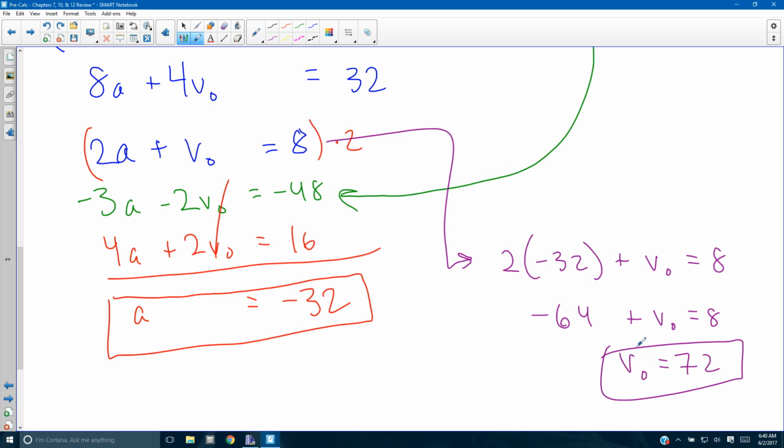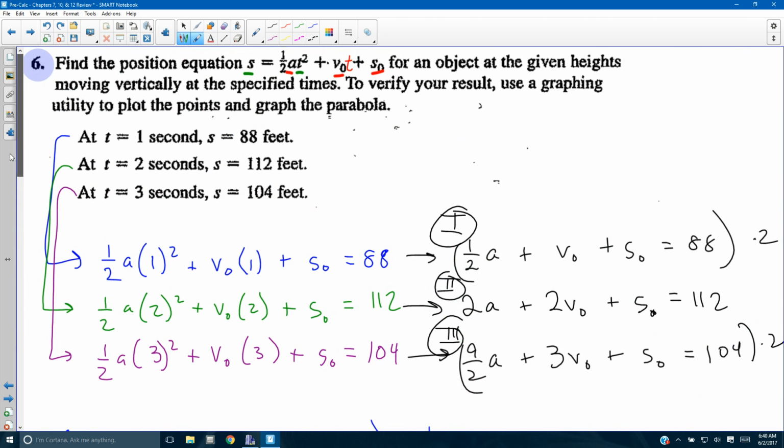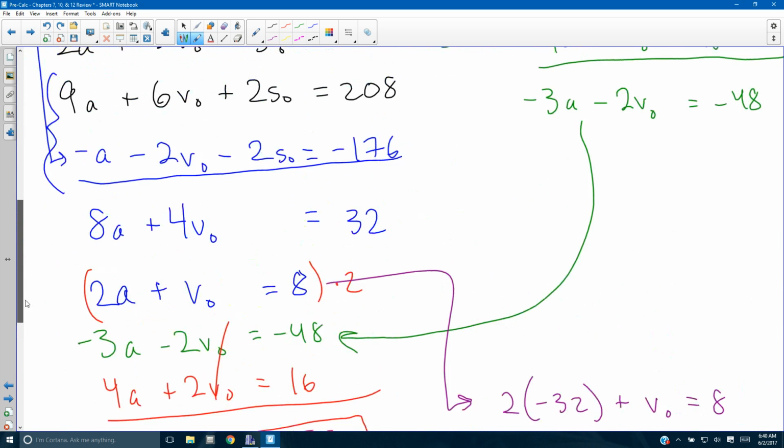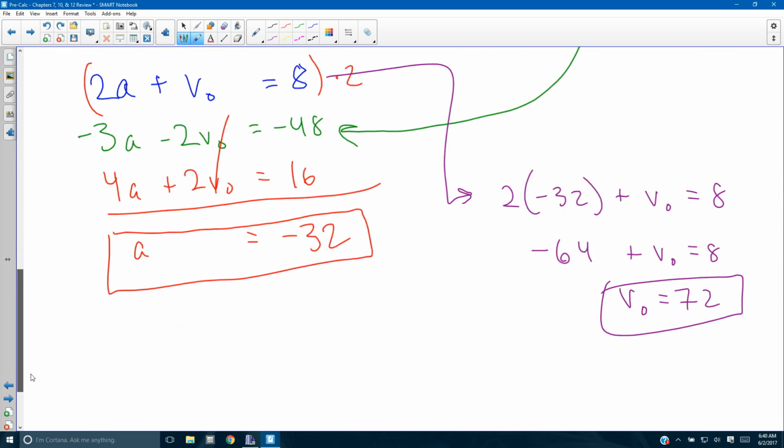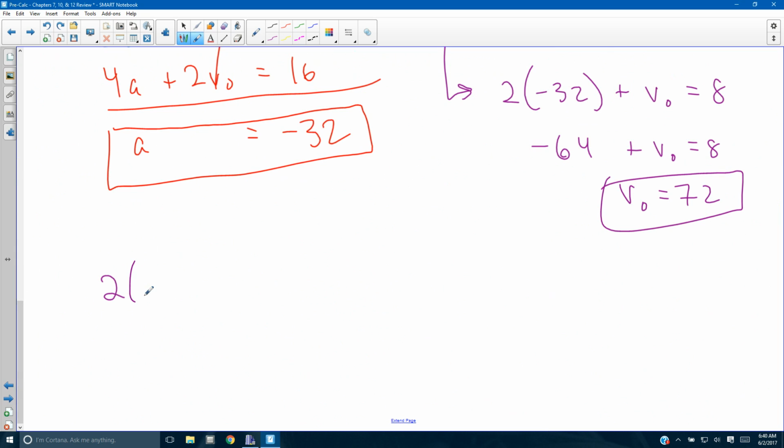Let's use both of these to solve for s naught. Where's an equation with a simple s naught? How about this one right here? 2a plus 2v naught plus s naught equals 112. This is initial position, by the way.